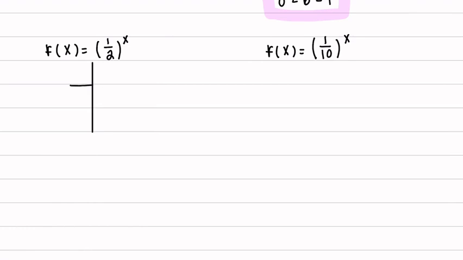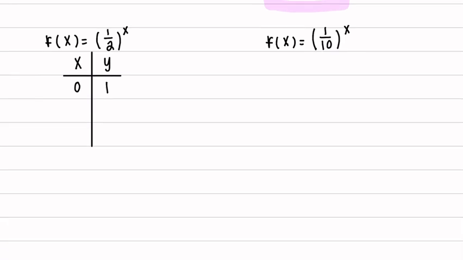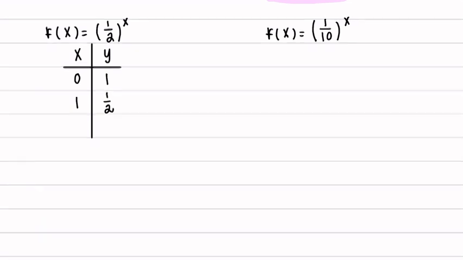We know that for exponential functions, there's not just one parent function table, but instead our parent function table is going to depend on the base. So for the first one, 1/2 to the x power. If I plug in 0 for x, anything to the 0 power is 1. And if I plug in 1, 1/2 to the first power is 1/2. Right?